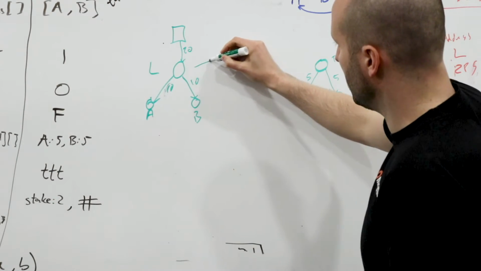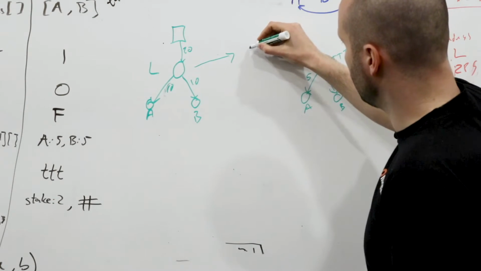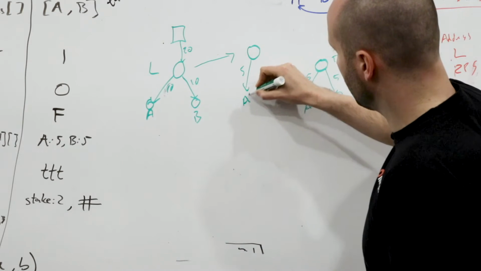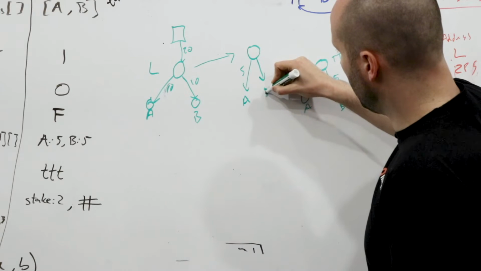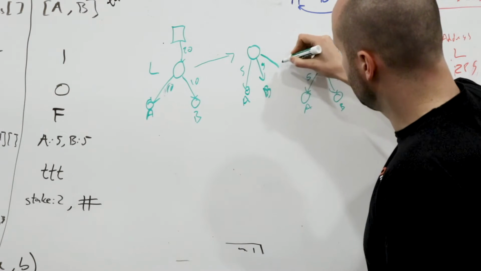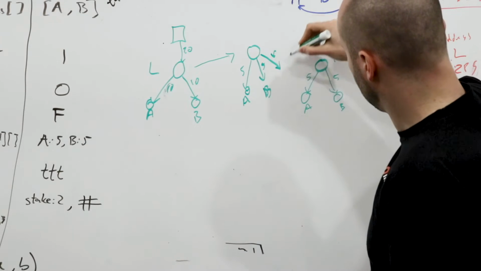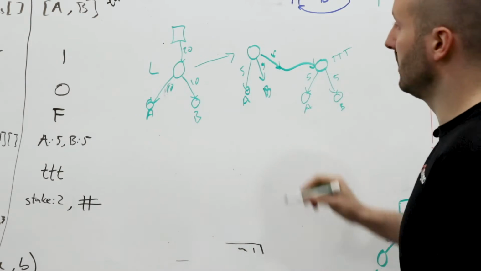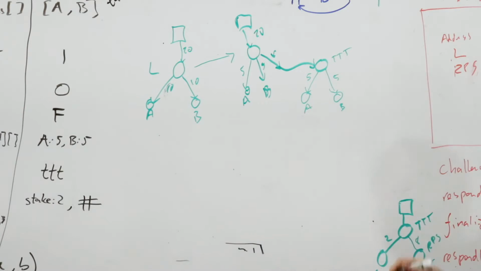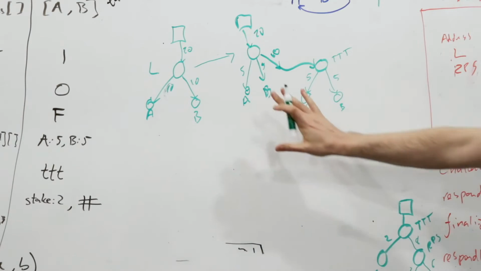So I can sign an update to that, which takes it to 5 to Alice, 5 to Bob, and 10 to tic-tac-toe. Okay, so this is the outcome thing.